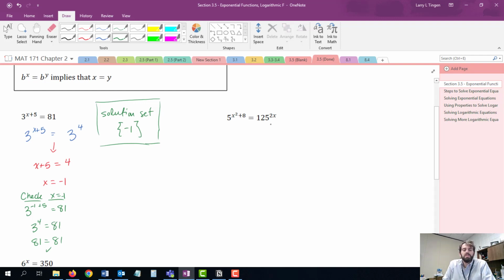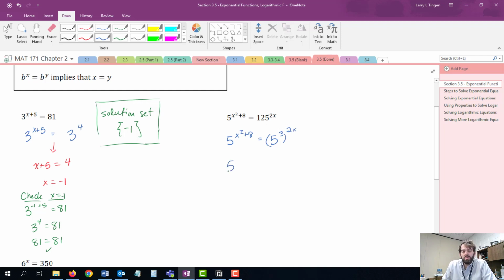Next, same concept, starting out, I have 5 to the x squared plus 8 is equal to 125 raised to the 2x. I need the same base because that's the property I'm using. And 125 is 5 cubed. 5 times 5 is 25. 25 times 5 is 125.